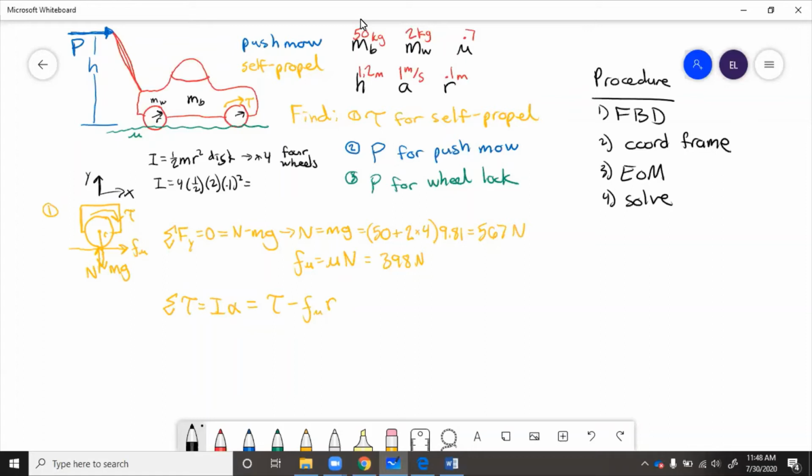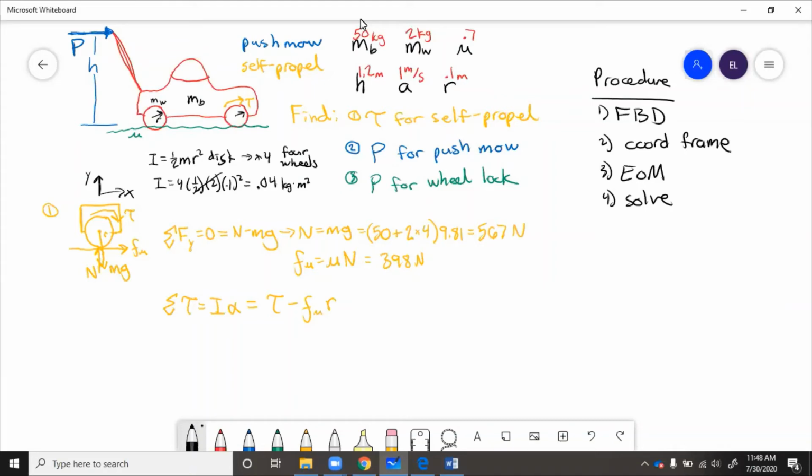So that is going to equal, see, these cancel, 0.04 kilograms times meters squared. So the moment of inertia here is real tiny. Now we don't need to find moment of inertia for the body because the body's not rotating, only the wheels are rotating.